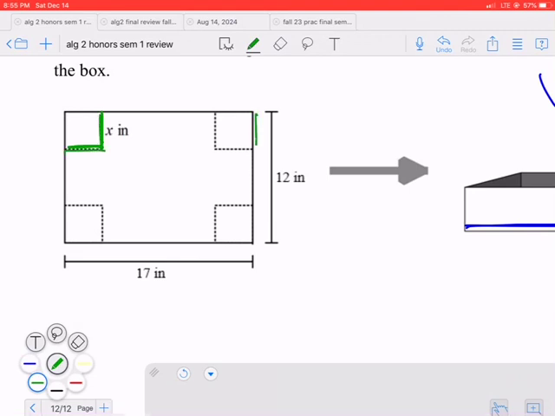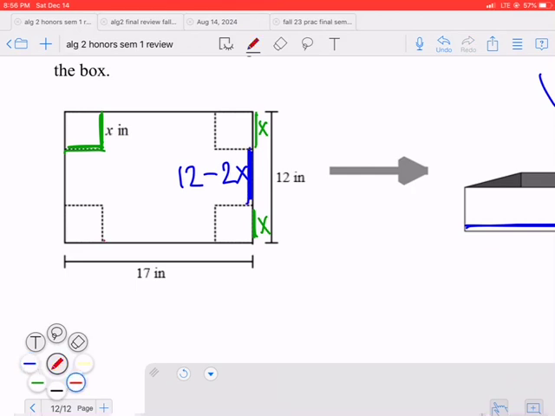So this distance here would be X. This distance here is X. This whole distance is 12. So we have 12 to begin with, and then we're subtracting X and subtracting another X, so you're subtracting 2X. And that represents this distance here.